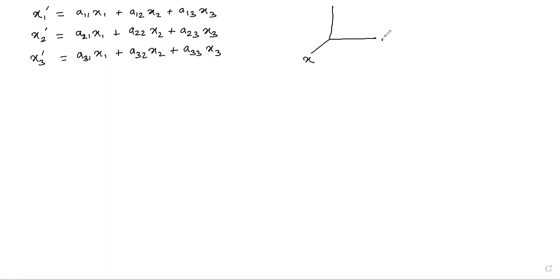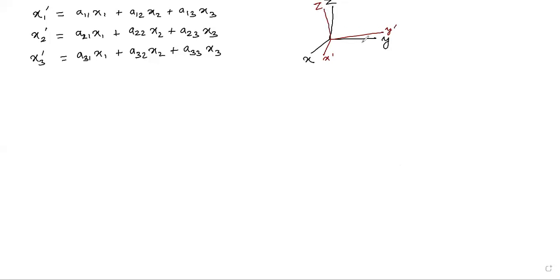This is x, this is y, this is z, and then I have another set of coordinates. Let me draw it with a red line. This is x prime, this is y prime, and this is z prime.